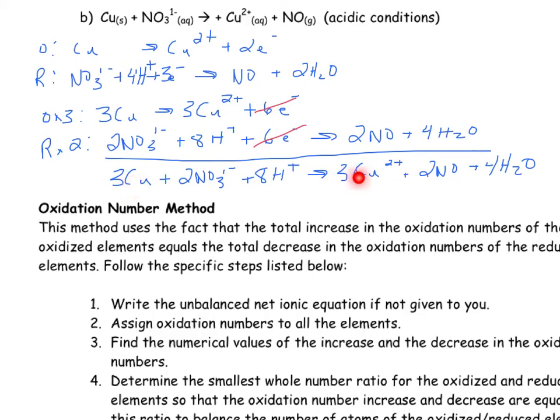I have 3 Cus on both sides, 2 nitrogens. This gives me 6 Os. 2 plus 4 more gives me 6, and 8 H's on both sides. Net charge-wise, I have a 2 minus and an 8 plus, so that will be a 6 plus on the left, and a 3 times 2 plus, that gives me 6 plus on the right.